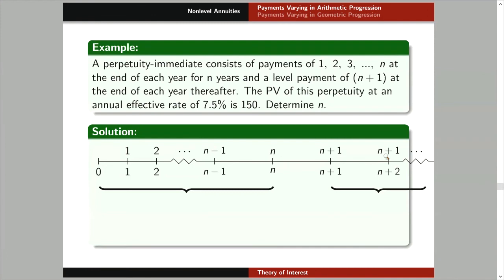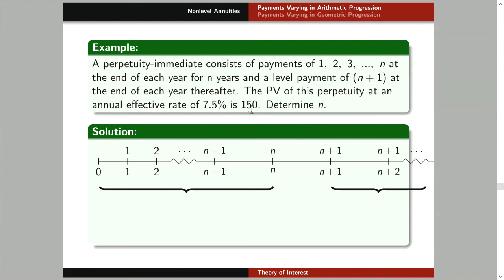We're given 7.5% as the annual effective rate of interest, and we're also given this value, 150, the present value of the given perpetuity. Now, we are going to find the value of n.